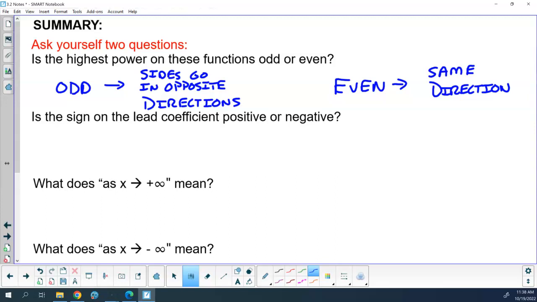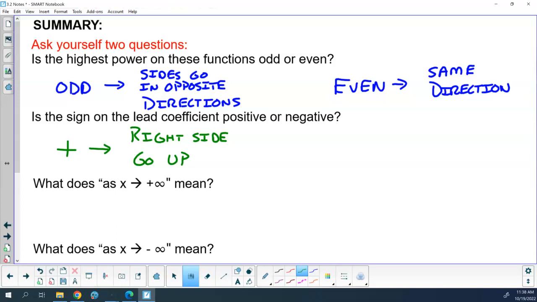The second question you have to ask yourself is, what is the positivity of the lead coefficient? Because if the lead coefficient is positive, then the right side will always go up. Then depending upon the odd or evenness of the degree, that will determine the left side.